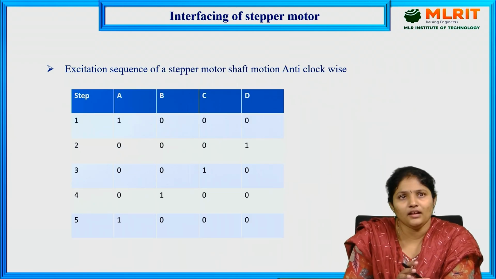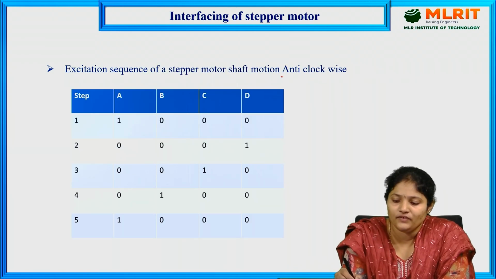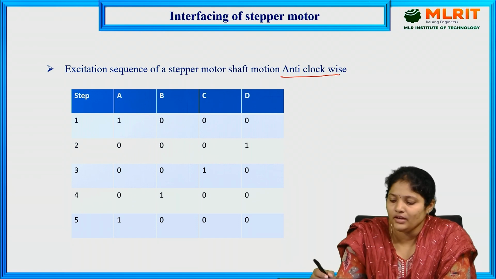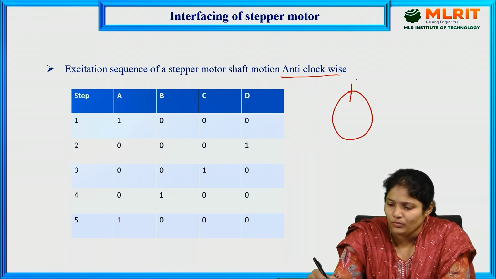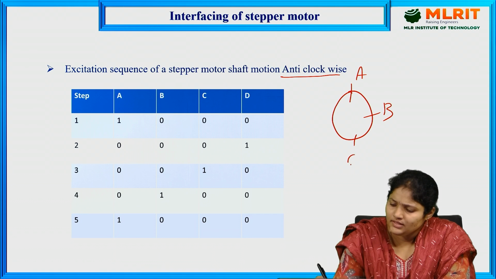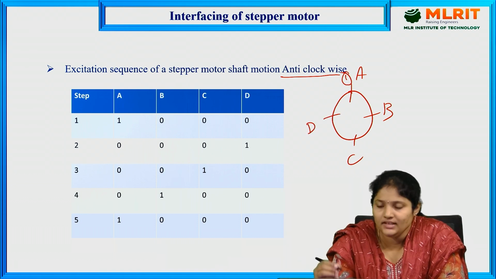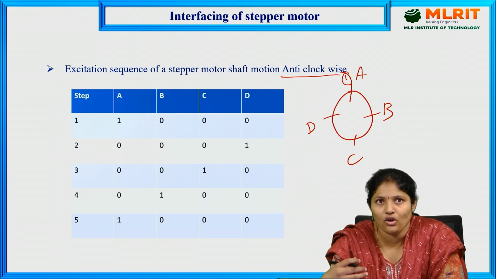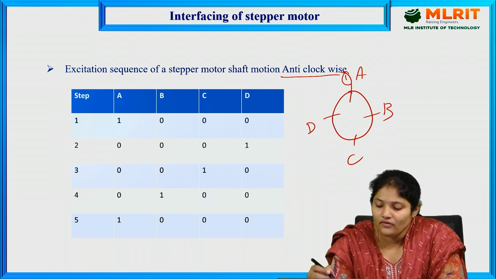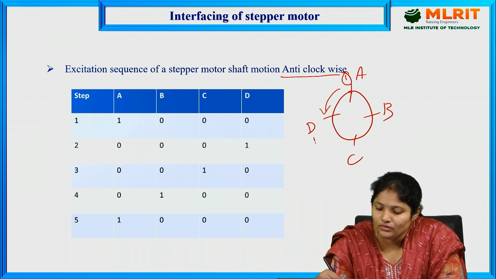So this is the excitation table for the anti-clockwise stepper motor. As I already told you, this is a 4-phase stepper motor, A, B, C, and D. Usually, if the excitation moves to the D stage, this is the anti-clockwise rotation. So anti-clockwise means the excitation needs to move to the D stage.